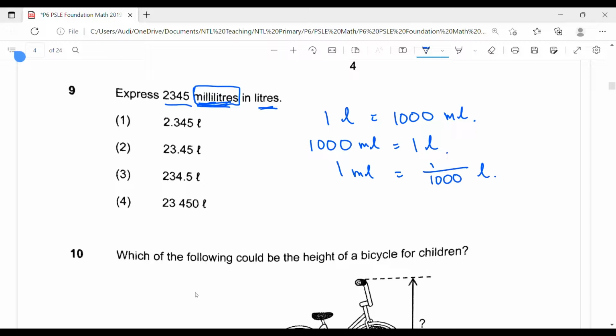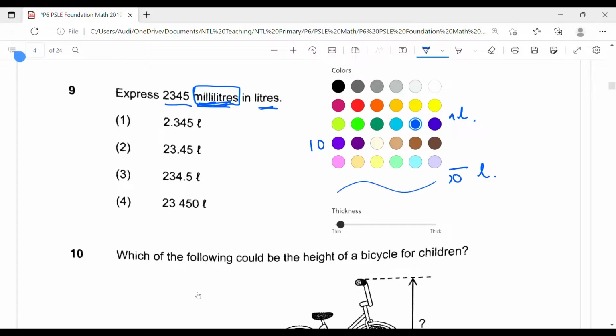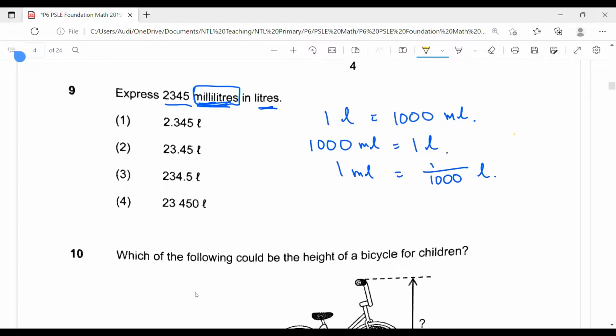How do we do that? The thing you want to remember is this. You're taking this and you're bringing it across the equal sign. So it becomes 1000.